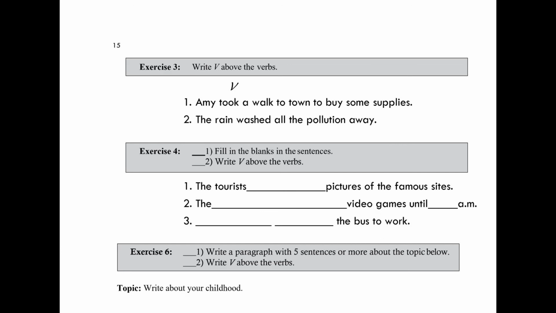As a culminating exercise, they do exercise 6. In this, they're just going to write a paragraph with maybe 5 or more sentences about the topic, write about your childhood. And then after they've written the paragraph, they go through and they just write V above all their verbs.